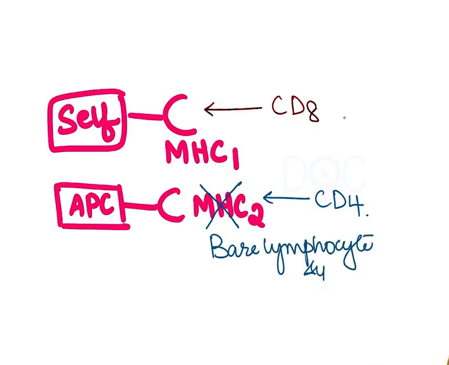Bare lymphocyte syndrome is a syndrome in which there is no MHC2. Because there is no MHC2, CD4 cells will not be able to identify antigen presenting cells or any antigen presented by them, and they will not be able to act. So this is called Bare lymphocyte syndrome.